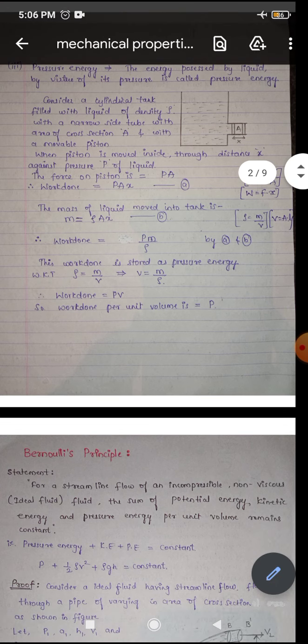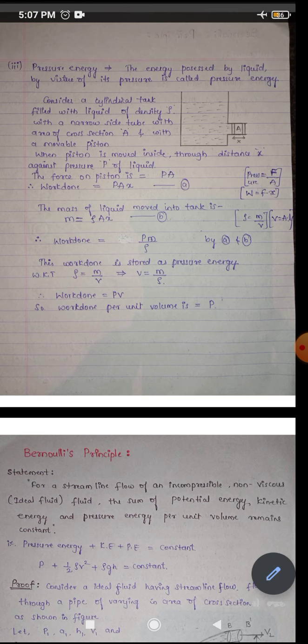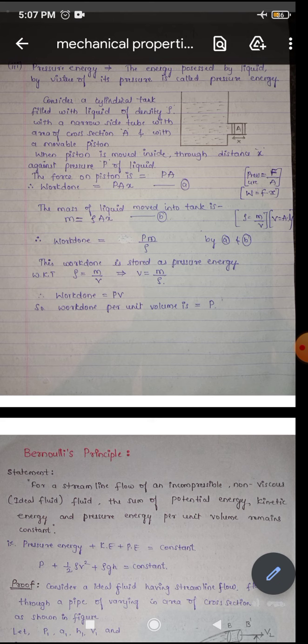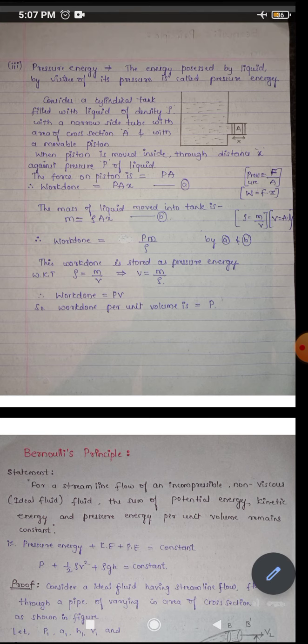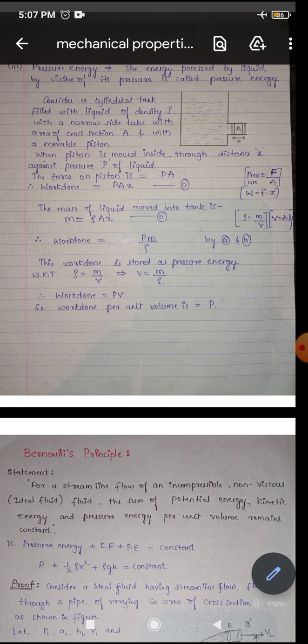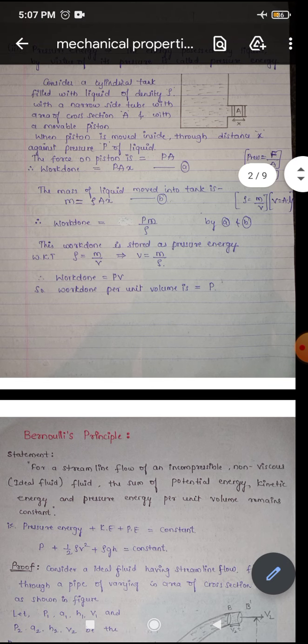So the force applied on that piston will be P into A, because we know the equation of pressure: pressure is equal to force divided by area. We know the pressure and the area of cross section, and we are going to find the force on that piston. So force F is equal to P into A, where P is the pressure and A is the area of cross section of this side tube.